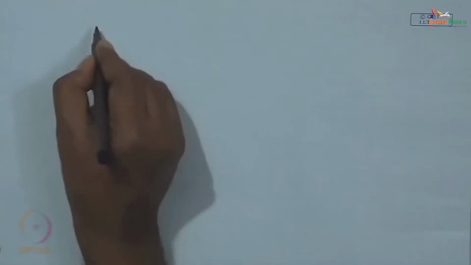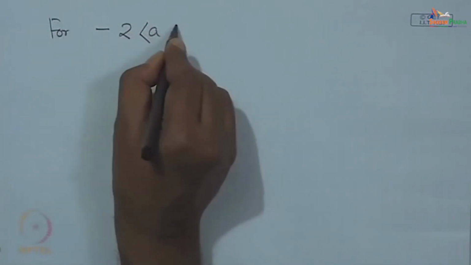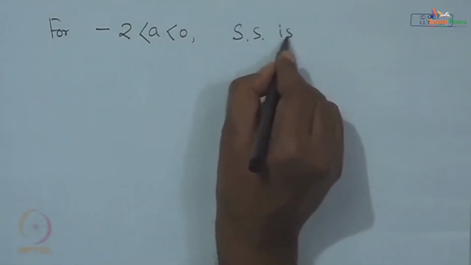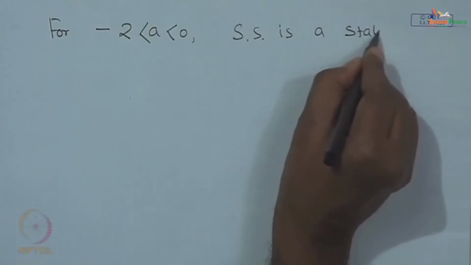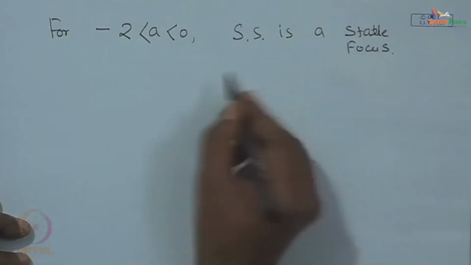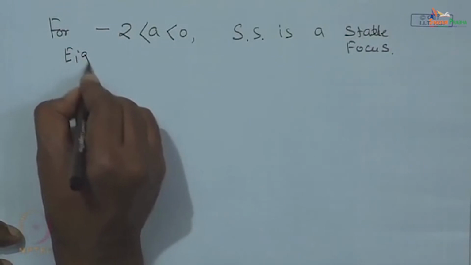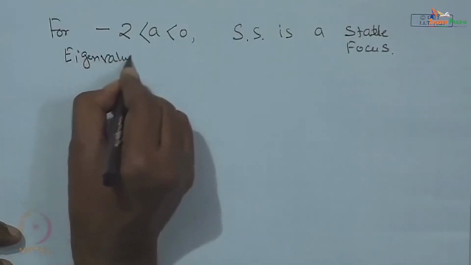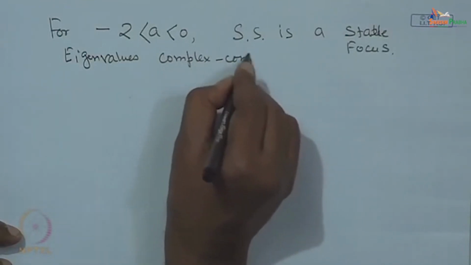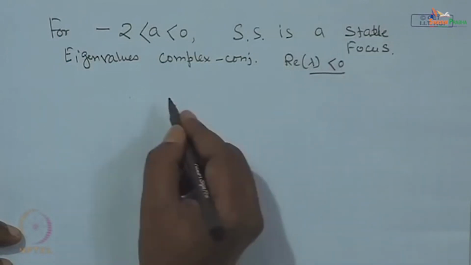So, for A lying between minus 2 and 0, the steady state is a stable focus, because the eigenvalues are imaginary, complex conjugate, and the real part of the eigenvalues is negative.